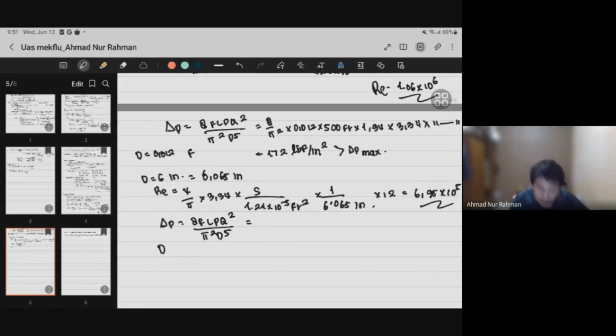Sorry, the f from this equation, we can identify as 0.012.